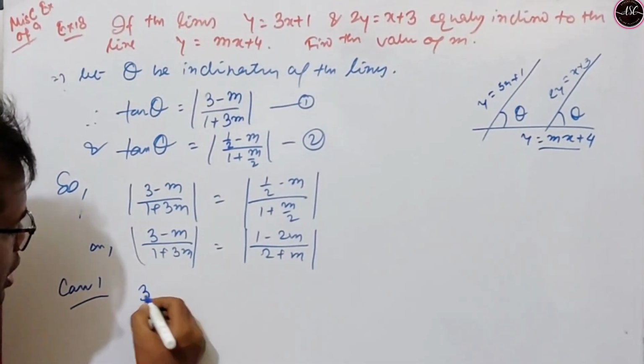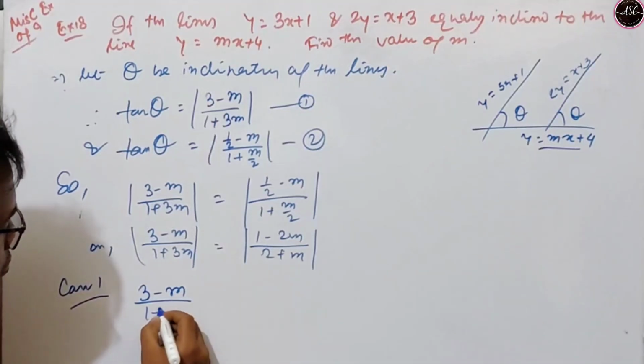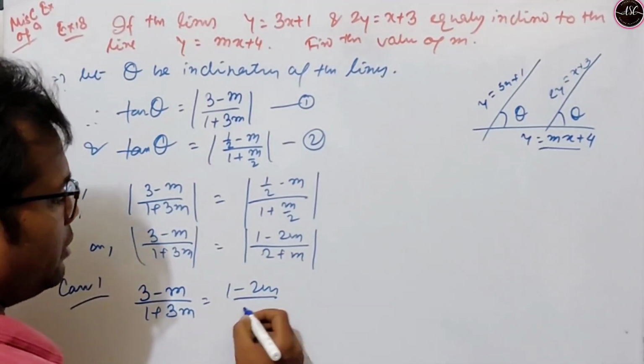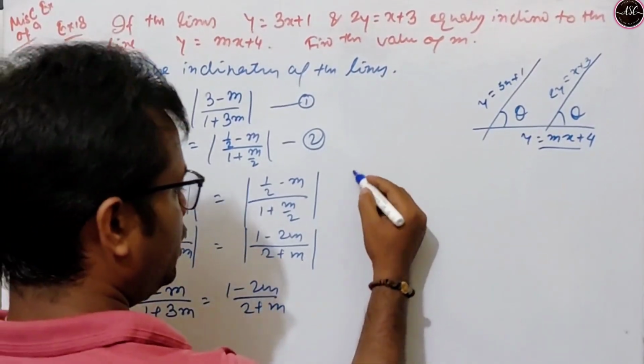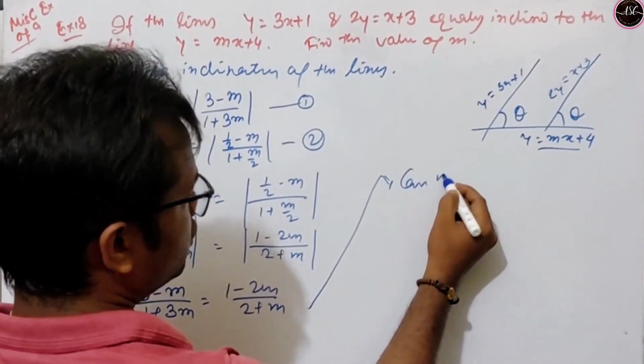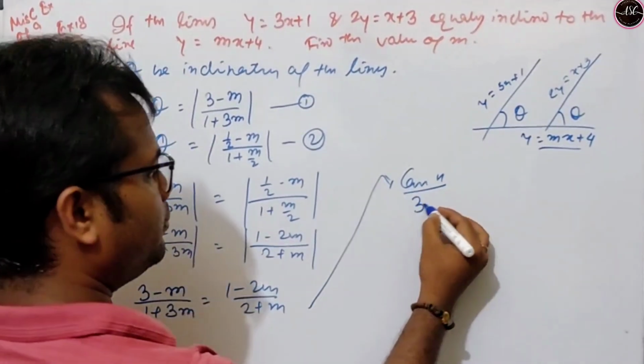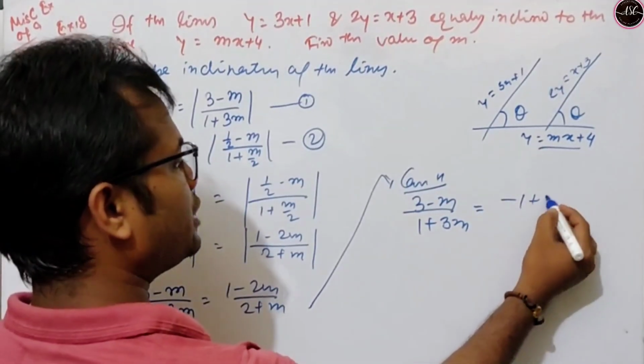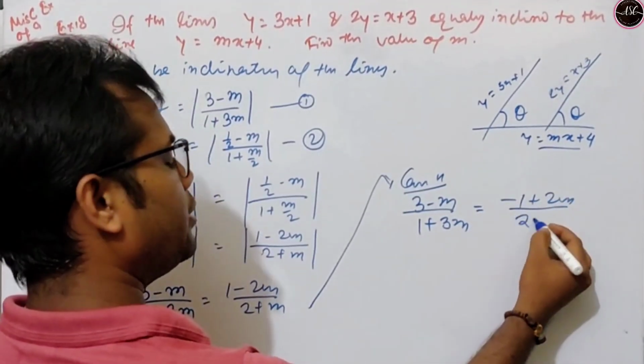Here if we take (3 minus m) by (1 plus 3m) equal to (1 minus 2m) divided by (2 plus m), and case 2 will be (3 minus m) divided by (1 plus 3m) equal to minus of (1 minus 2m) divided by (2 plus m).